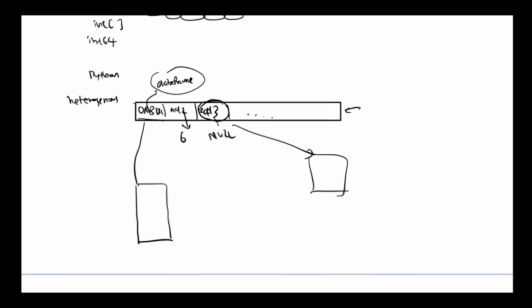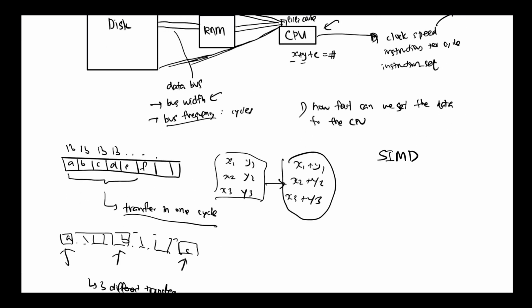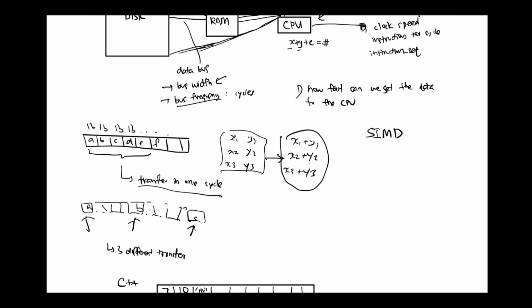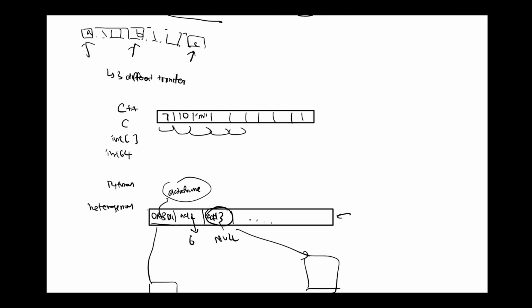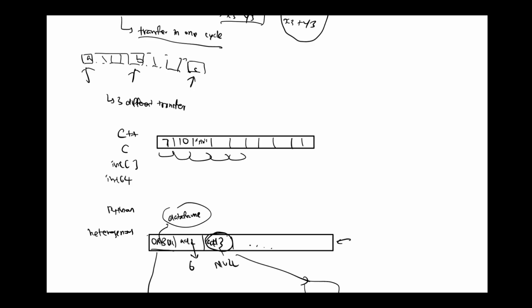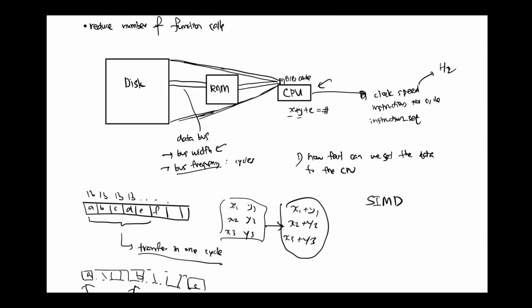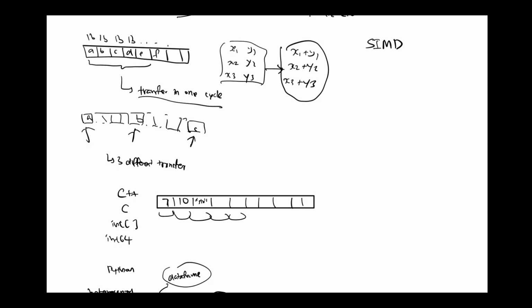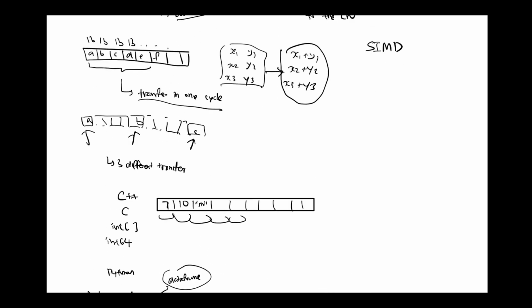Which basically, if you go back to the previous discussion, means that we cannot vectorize operations because they are not side by side, which means we cannot transfer them in a single memory transfer from the RAM to CPU or from the disk to the RAM, which means that the data would not be inside the CPU cache registers at the same time, which means that we need to do these operations sequentially, which means that we are basically doing things a lot slower.